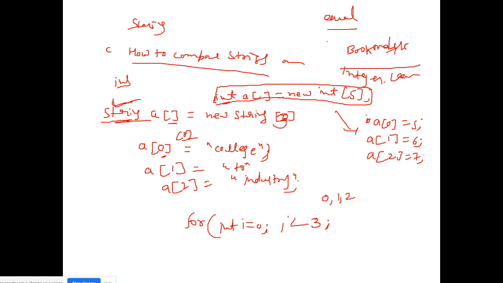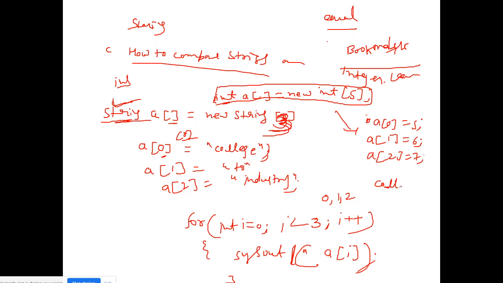So I make it 3, i plus plus, sys out a[i]. The first time it comes, it will print a0 because the value of i will be 0, college. Next time it will come on 1, i plus plus, and the third time the value of i will be 2, industry, right?